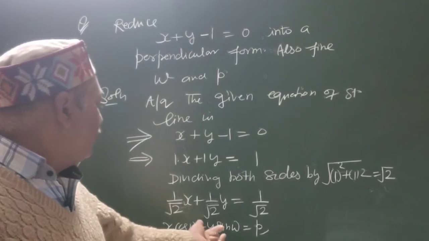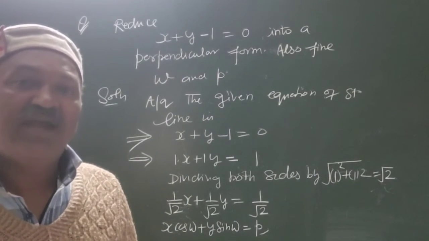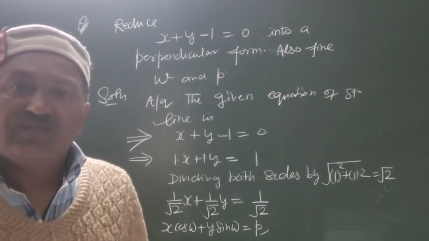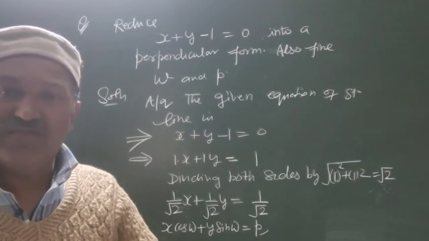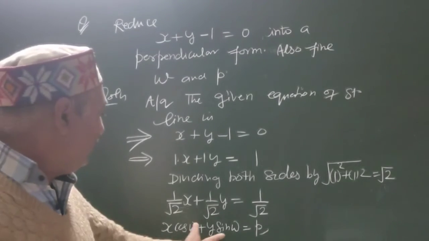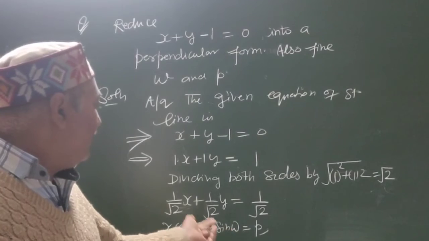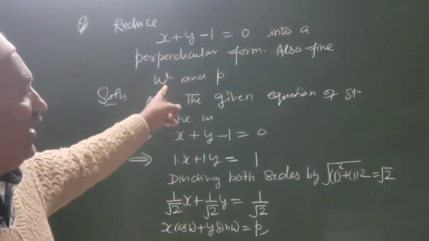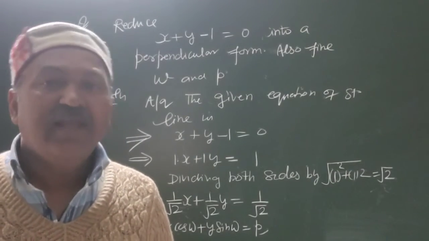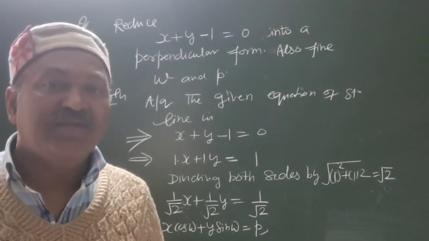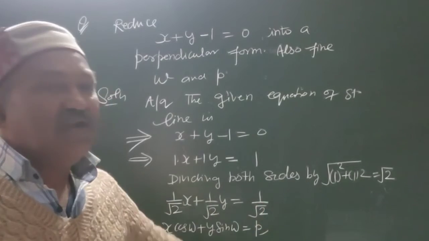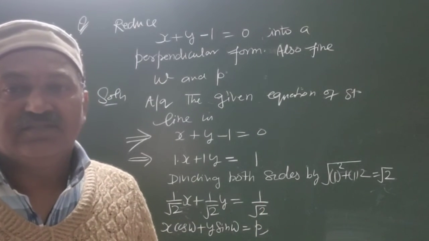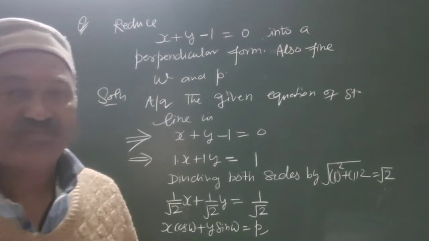Both cos omega and sin omega are the same, 1 by root 2. Therefore, omega will be equal to 45 degrees. Value of omega is 45 degrees and length of the perpendicular p is 1 by root 2 units. Answer. That's all.